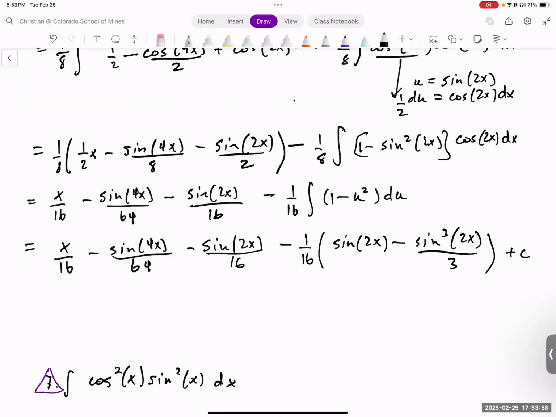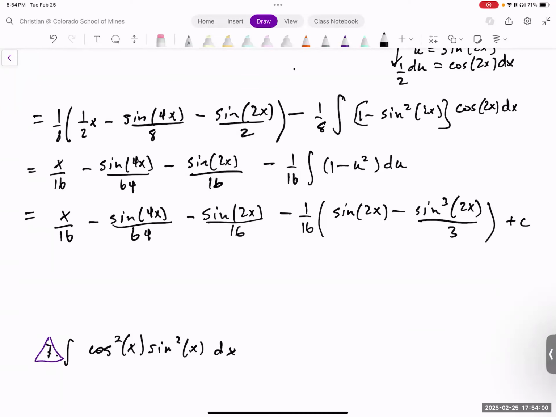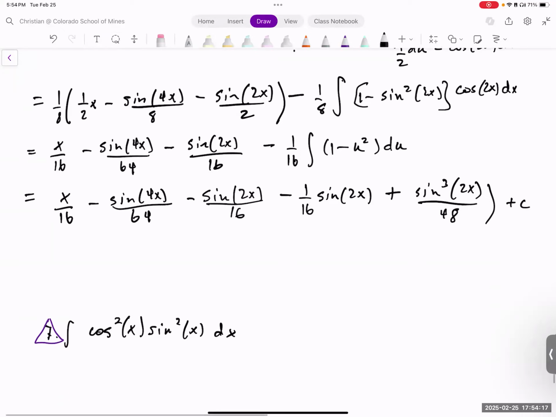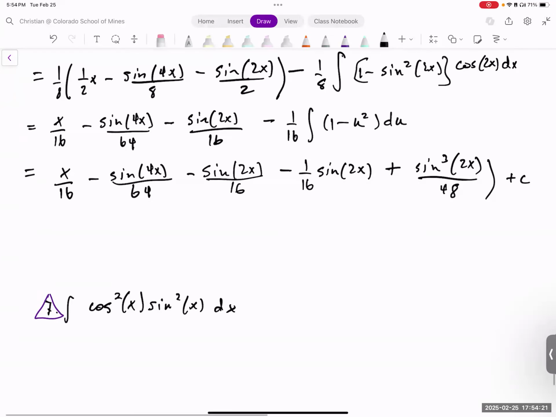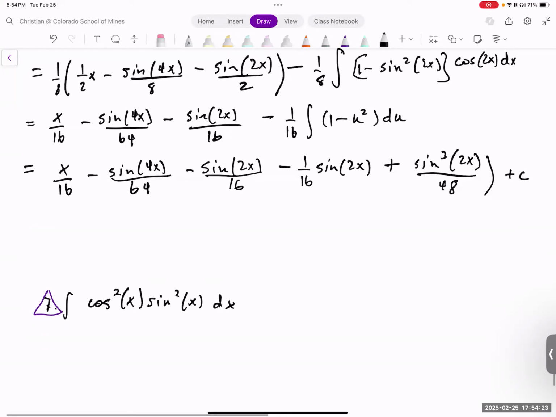Plus a c, and if we distribute here on the end, then that 16 is going to go with sine 2x, but that 16 is also going to change our negative to a plus there, and this to a 48. And can we combine any of these? We can combine the middle two.